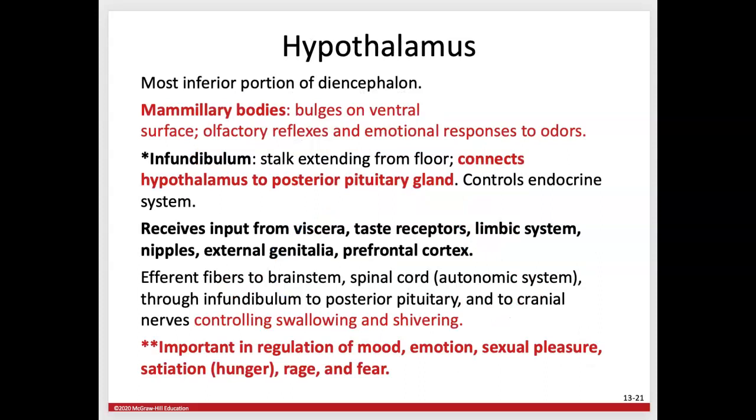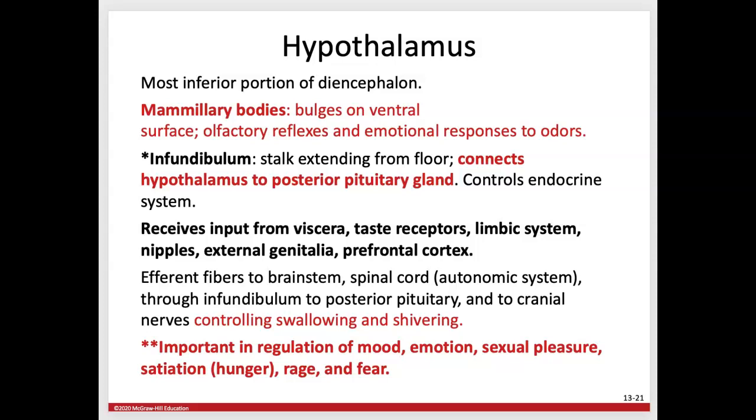So again, most inferior portion of the diencephalon, part of the hypothalamus is something referred to as the mammillary bodies. And these are little bulges on the ventral surface of the hypothalamus. This helps control olfactory reflexes. Well, it's associated with olfactory reflexes and emotional responses to odors. So olfactory meaning sense of smell.